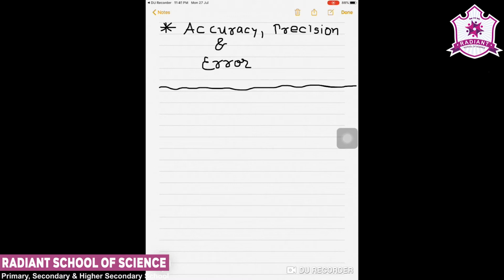Here the first two terms are with the instrument. So the instrument has accuracy, the instrument has precision, but it only comes when we measure something, and when we are measuring any quantity, then the picture of error comes into the mind.